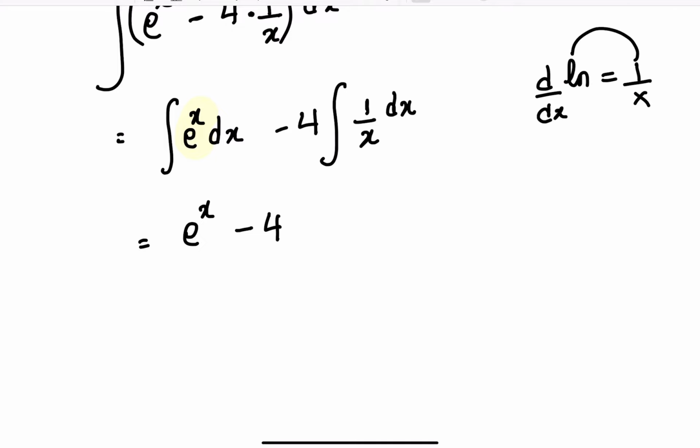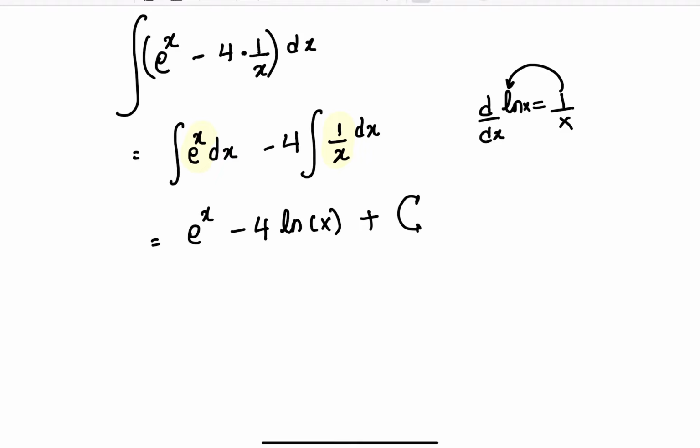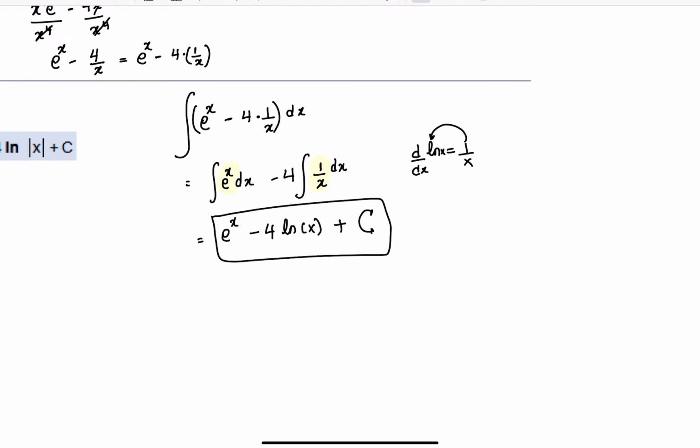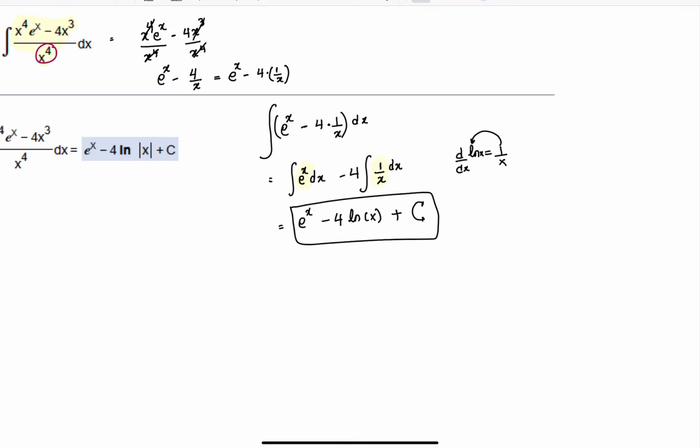So the antiderivative of 1 over x is ln x. So the antiderivative of this is simply e to the x minus 4 ln x, and never forget your c. And that is your final answer. And you can always go back and cross-check, and there you have it.